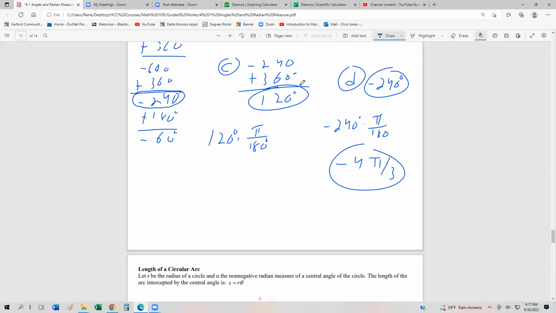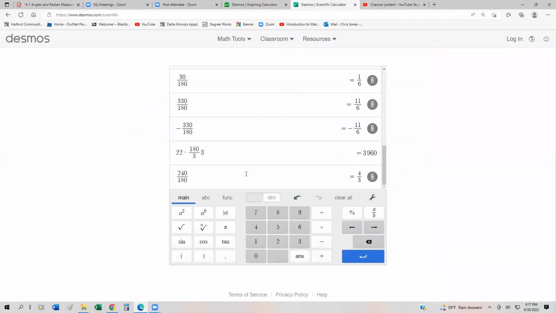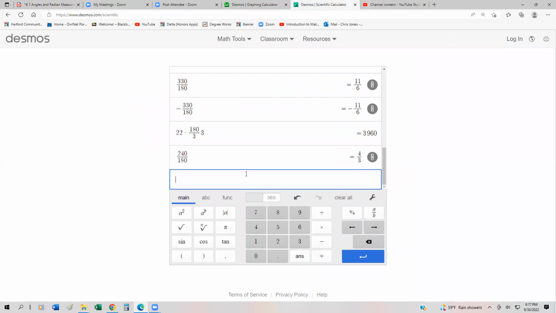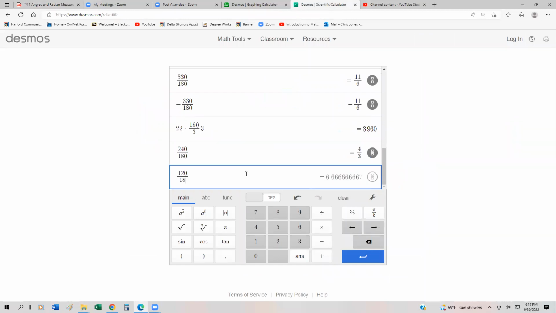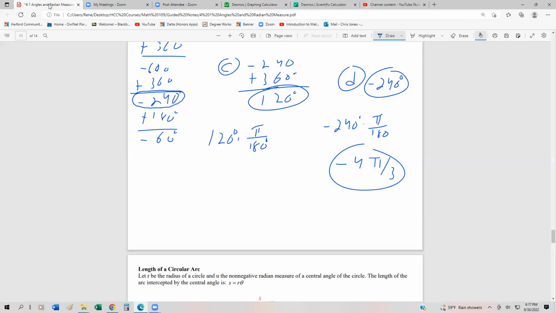That should leave us with 2 pi thirds, but we want to check just to make sure. We take our 120, divide 180, hit math, enter, enter. We have 2 pi thirds, so that's 2 pi over 3, and that's certainly an angle between 0 and 2 pi.